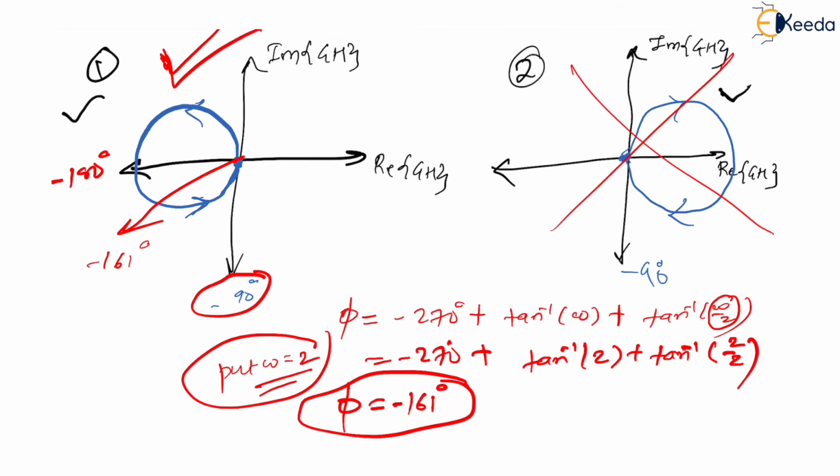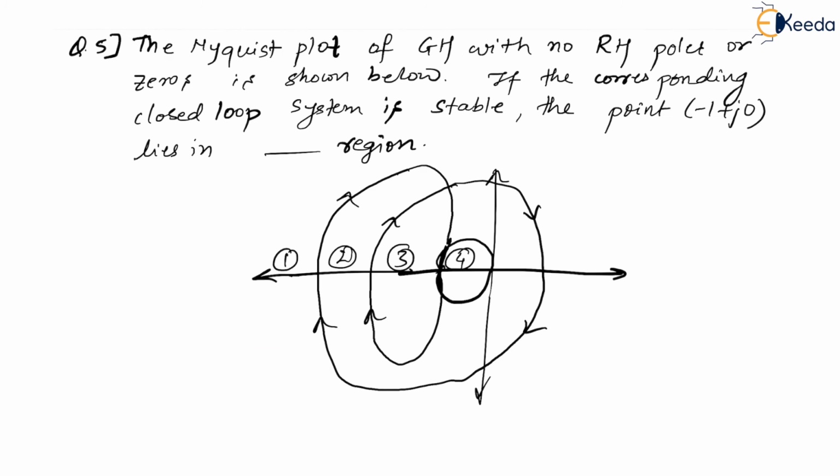Now the fifth and the last question. Let us solve that question for this particular topic. Yes, dear. So if you see the Nyquist plot of GH, with no RH poles or zeros, meaning there are no open loop right half poles and zeros in the system, that is what has been given.